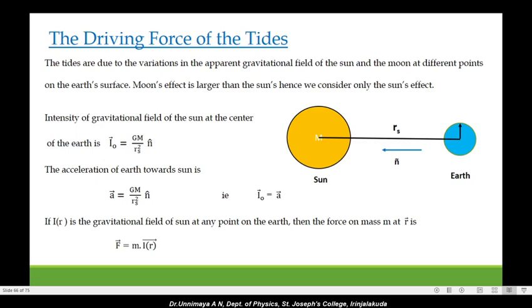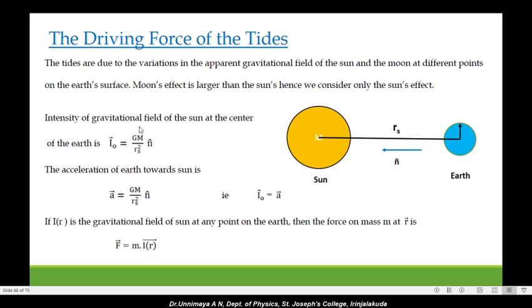Okay, this gravitational field is towards sun. Here we are considering the sun's gravitational field, that means the sun will attract earth towards the sun. So the direction of that gravitational field will be in this direction, and it is represented as n cap.